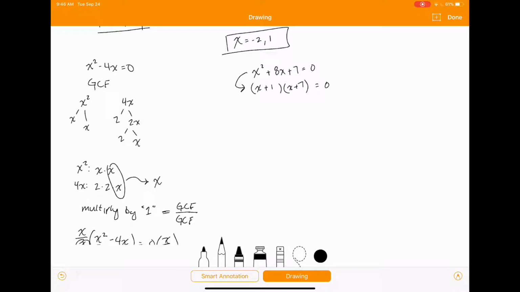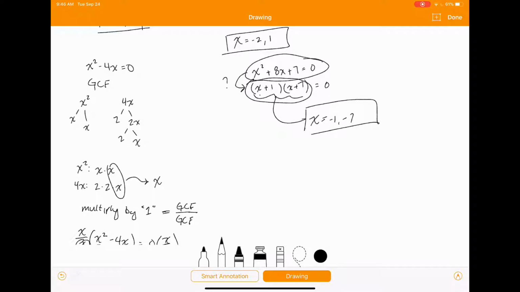But how do we get from this version to this version? That way, because we know how to solve this. This is just going to be x is equal to -1 and -7. Right? But how do we get to this point here?